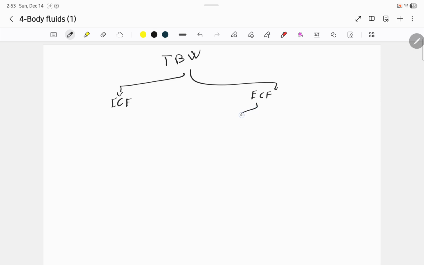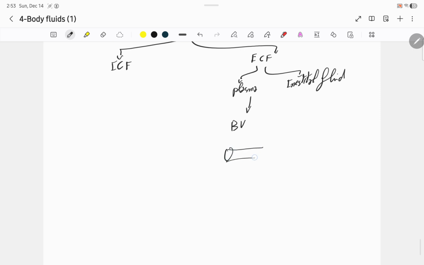This one is also subdivided into plasma and interstitial fluid. You see here in the blood vessels, in the blood vessels there are some cells, for example red blood cells, and there is fluid here which is the plasma.